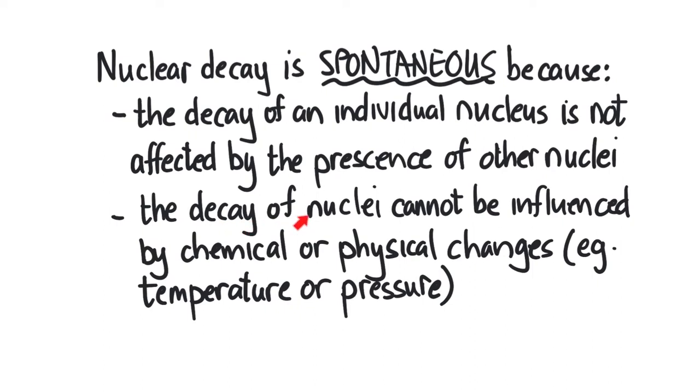And the decay of nuclei cannot be influenced by chemical or physical changes, for example, temperature or pressure. So spontaneous means that it just happens. One cannot predict it with absolute certainty, and it's not influenced by that which is around it.